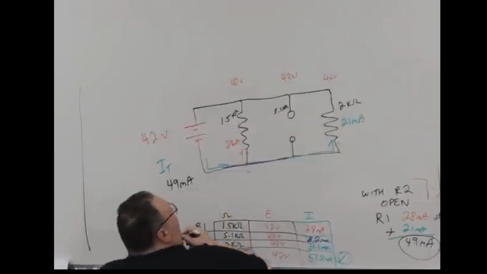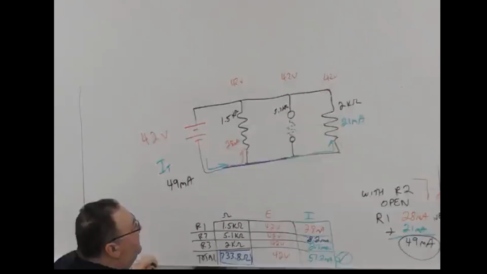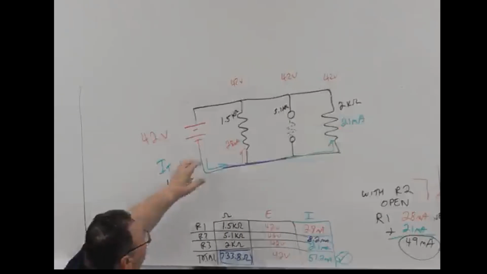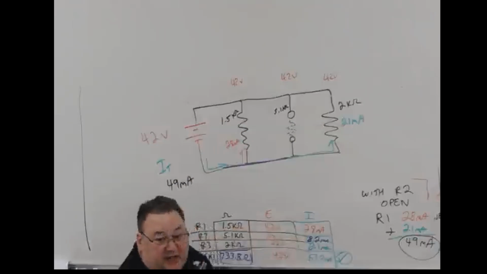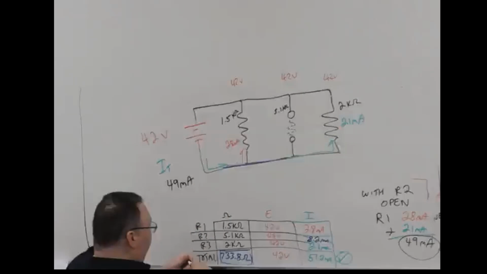The problem with looking at this circuit is this resistor is still going to be in here. So to look at it, you can't tell that it's open. When you measure the resistance, you're going to get the same resistance. When you measure the voltage, you're going to get the same voltage.